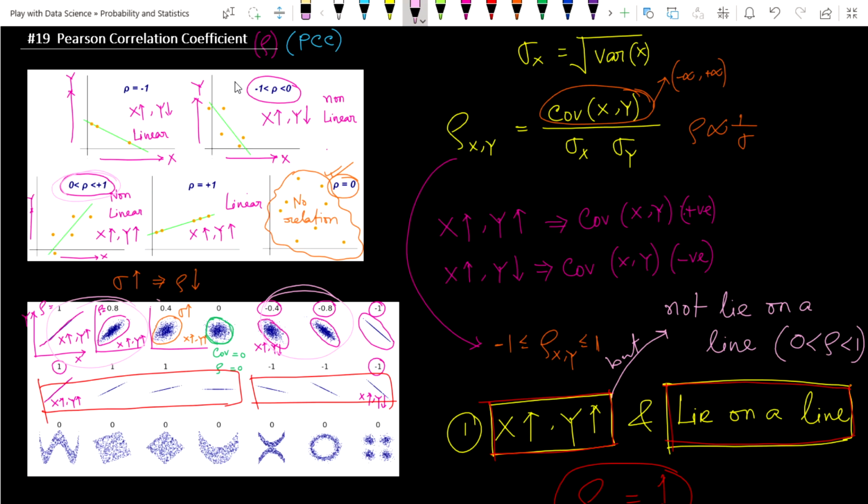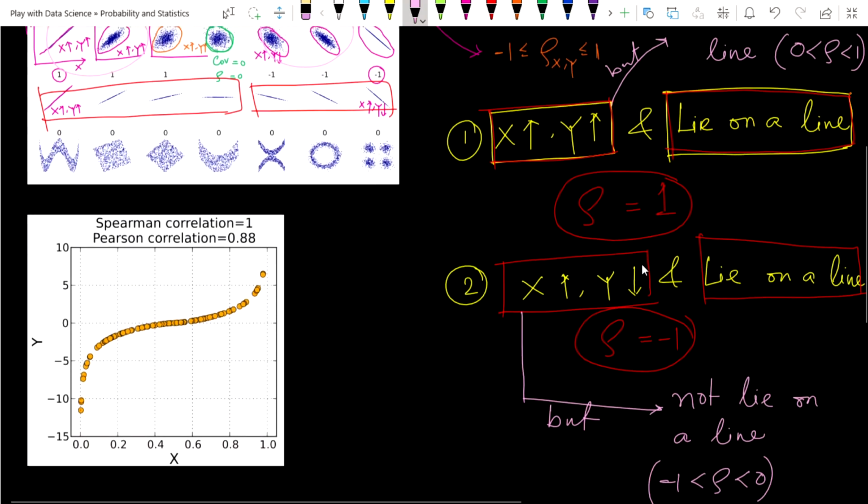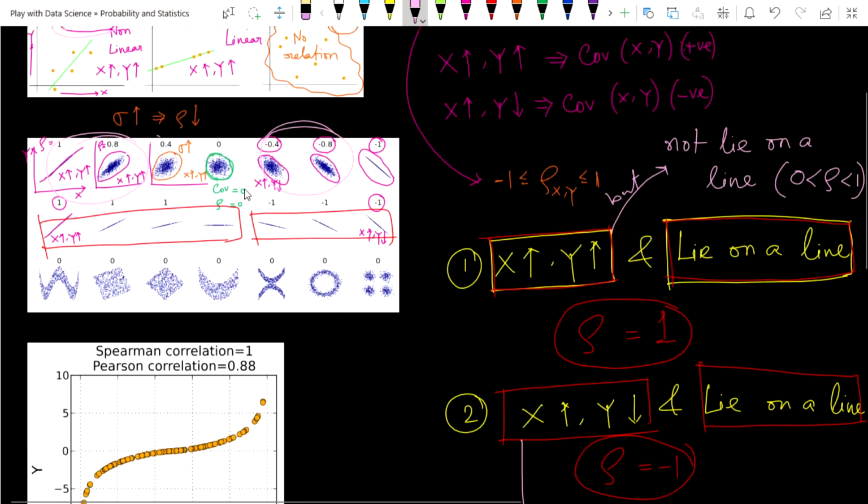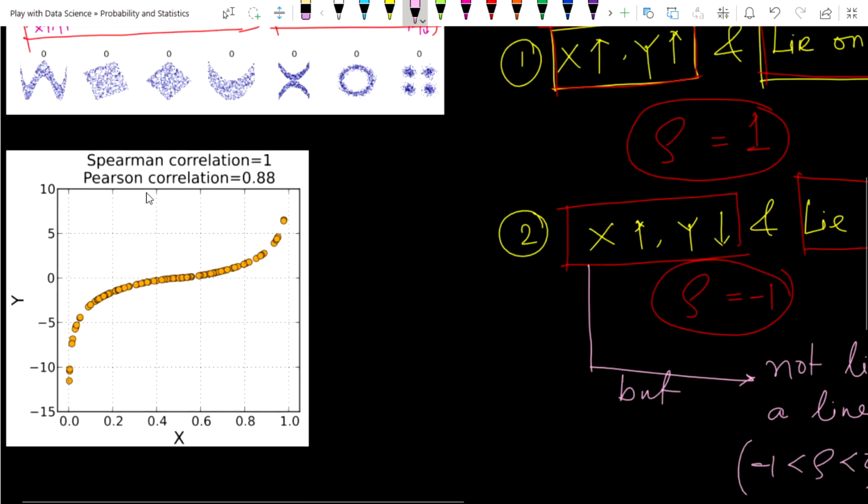If it is properly linear, then we get the value either +1 or -1. If it is not properly linear, then we get a value between 0 and 1. Okay. So now the second thing is here.